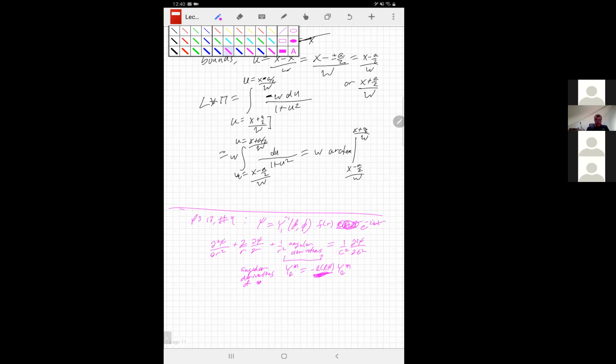So what we can replace all of this with is partial squared psi, partial r squared, plus 2 over r, partial psi, partial r, plus 1 over r squared times negative 1 times 1 plus 1, because l equals 1, so l plus 1 equals 2.